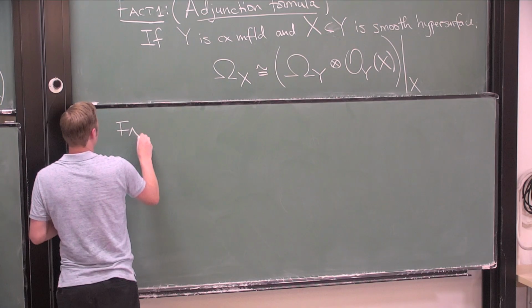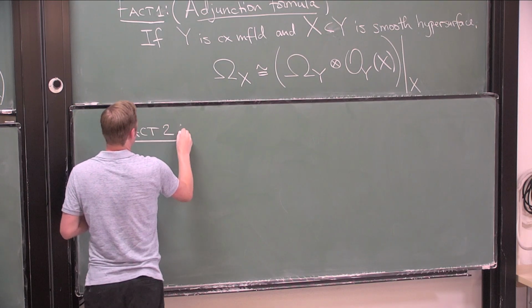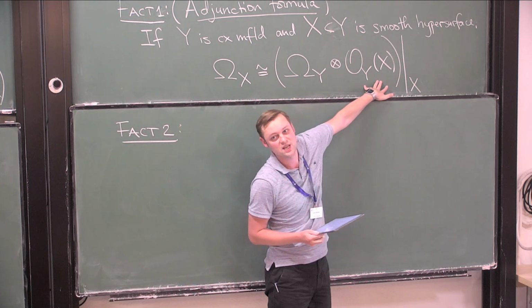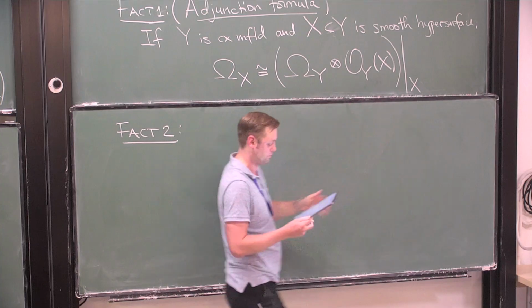Fact number two explains, in our case, what these twisting line bundles, O_Y of X, are.